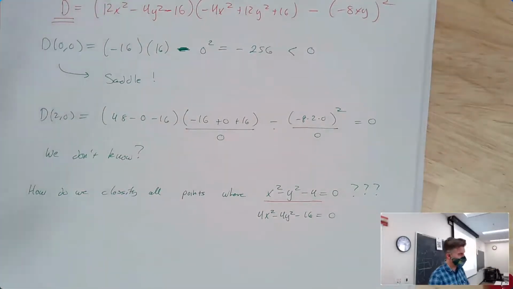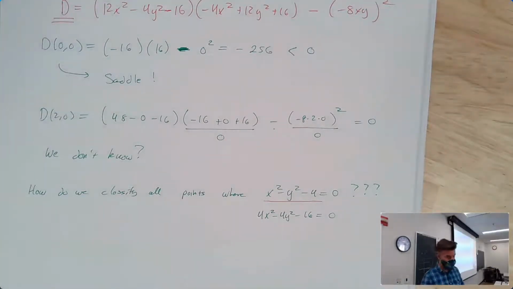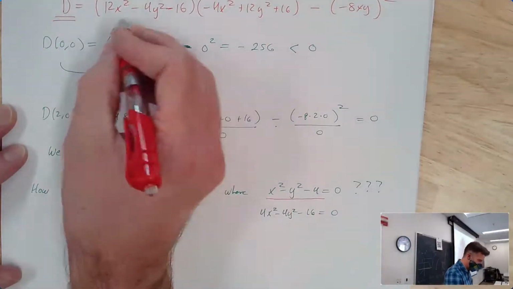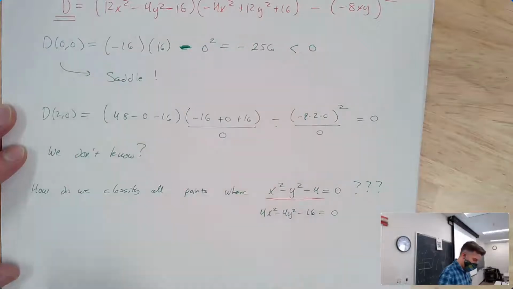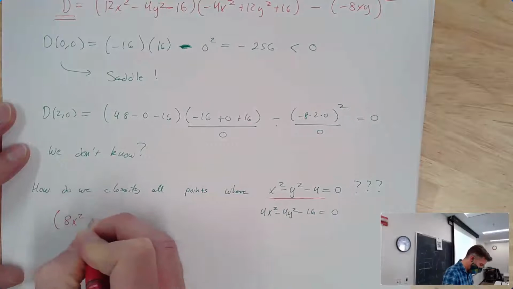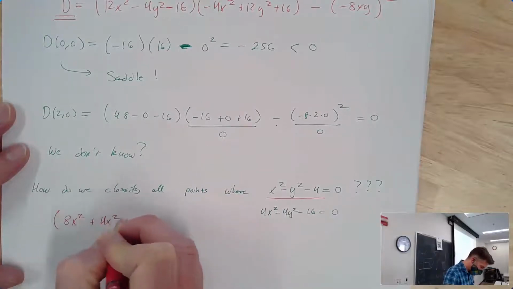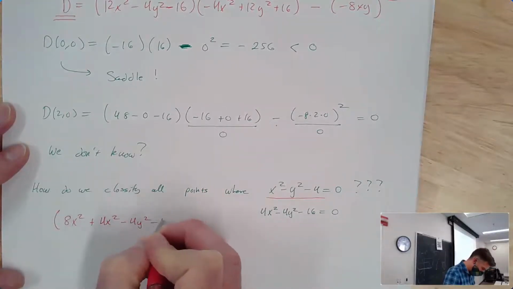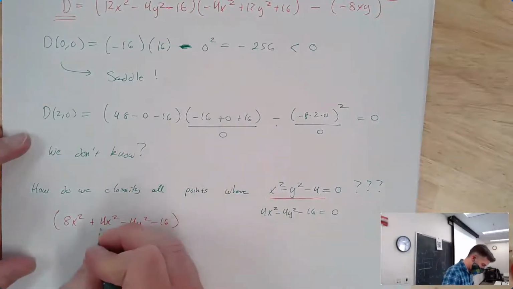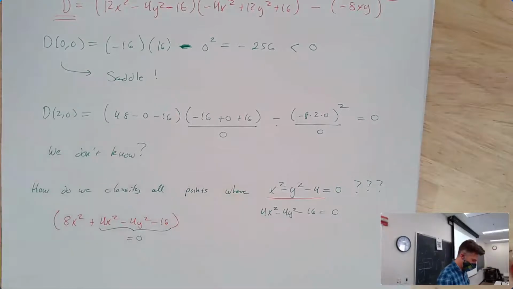Here's what I mean. So just watch for a second, and you're welcome to ask questions. Just give me a moment. I'm going to take this 12x squared minus 4y squared minus 16 and write it in a convenient way as 8x squared plus 4x squared minus 4y squared minus 16. Well, what do you know? That's equal to 0.